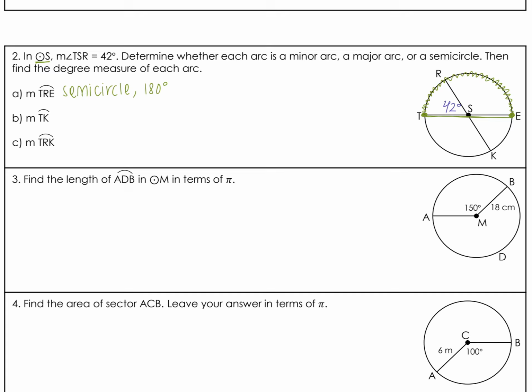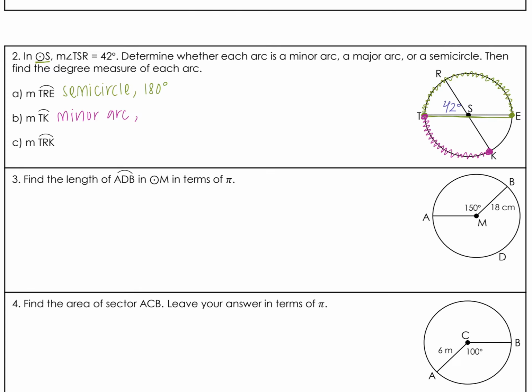Okay, moving on, we have the measure of my arc TK. So starting at T, I'm going to go towards that K. And right off the bat, I already know that this is going to be a minor arc since they only used the two letters to name it. But now I need to figure out what the measure of it is.